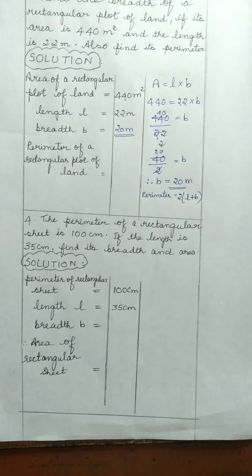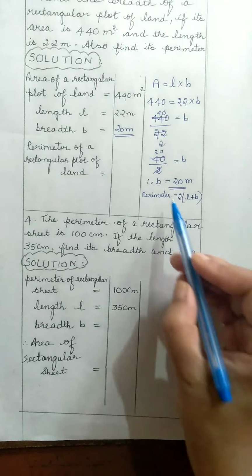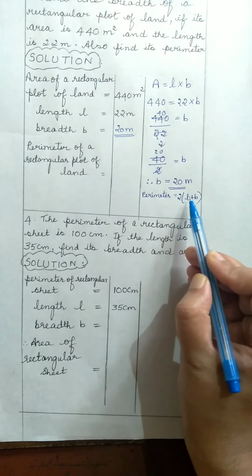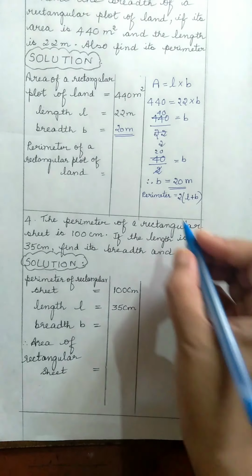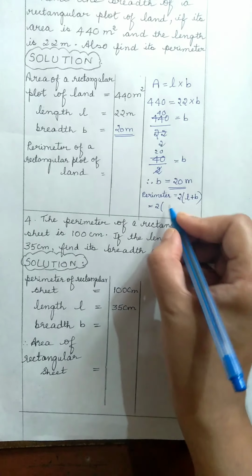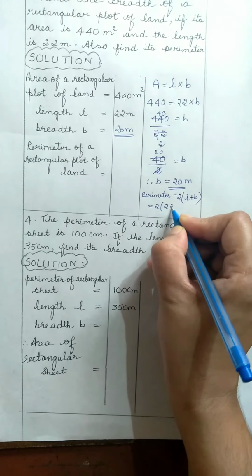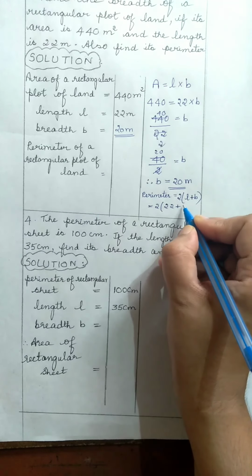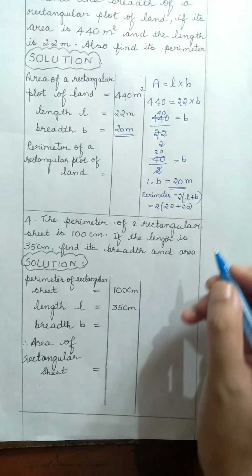Children, now we have to find out the perimeter of a rectangular plot of land. To find the perimeter, we have the formula 2 into L plus B. Therefore, in the next step, 2 into value of length. Measurement is 22 plus breadth, that is equal to 20.